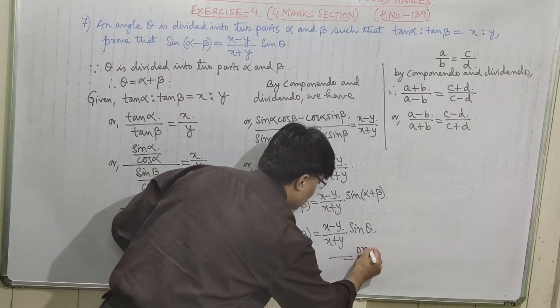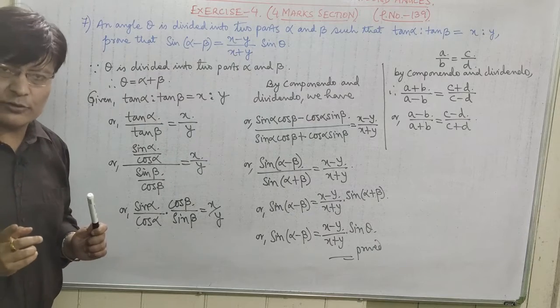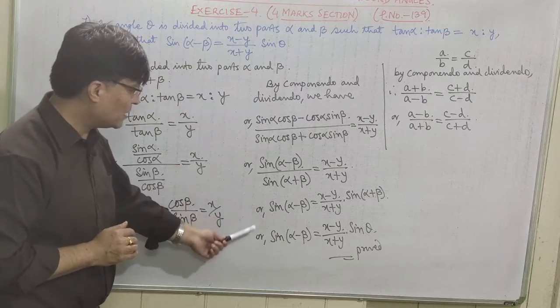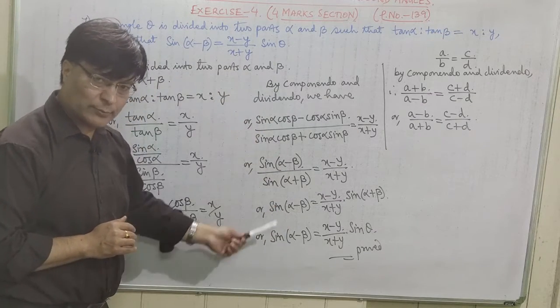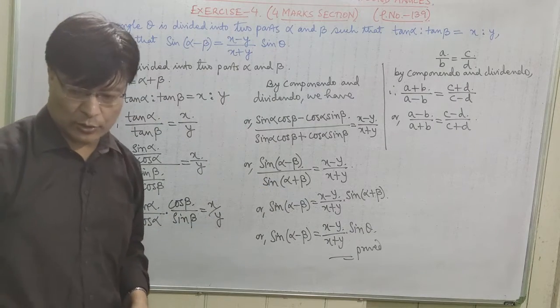So it is proved. So we have done it. Is that clear to all of you? I think you have understood it. So we have proved it: sine of alpha minus beta is equal to x minus y upon x plus y into sine theta. So you can copy it. Now we'll do the next question.